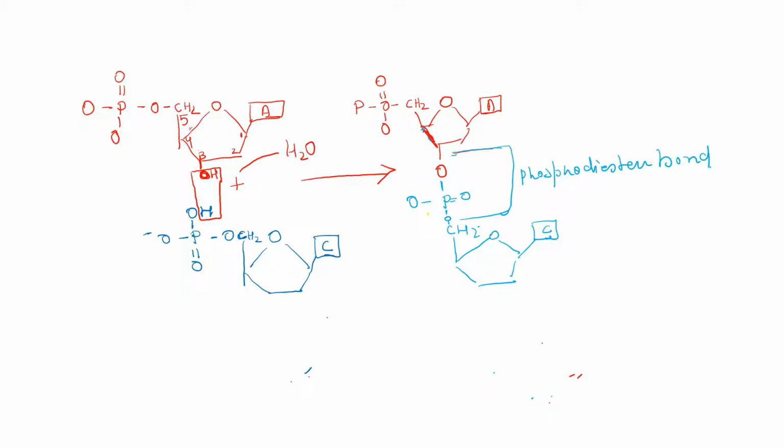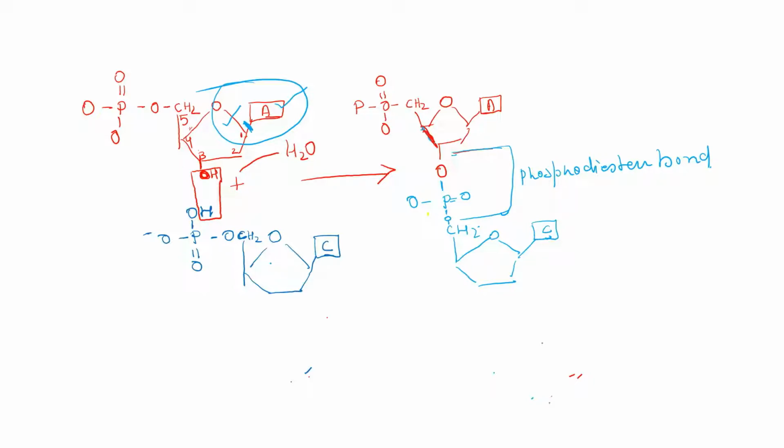Other options were like the glycosidic bond. Glycosidic bond is present between the nitrogenous base and the sugar. And what is a glycosidic bond? A glycosidic bond is a type of covalent bond that joins a carbohydrate molecule to another group. Then comes the peptide bond. Peptide bond is present between the amino acids, and hydrogen bonds don't link the nucleotides.